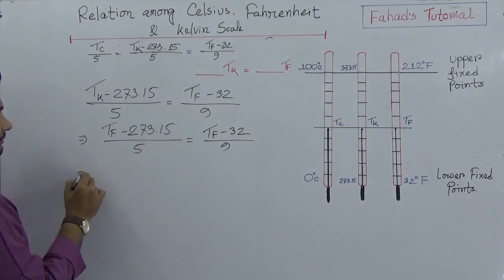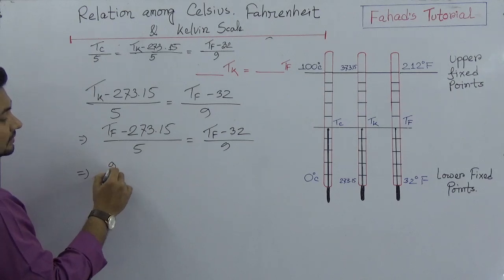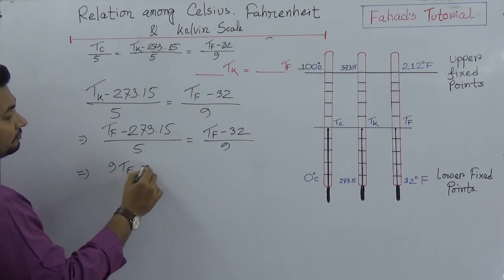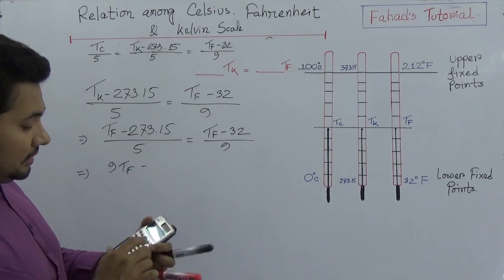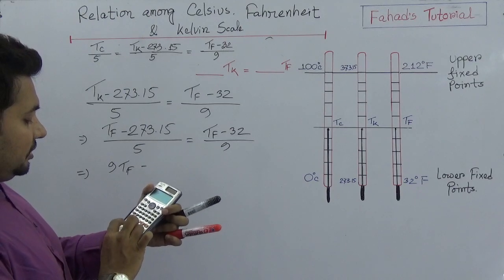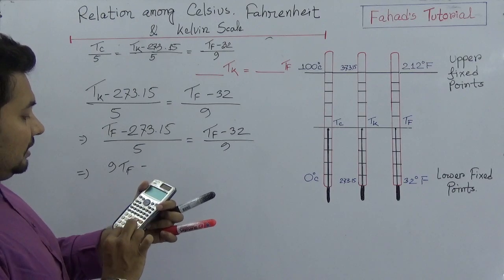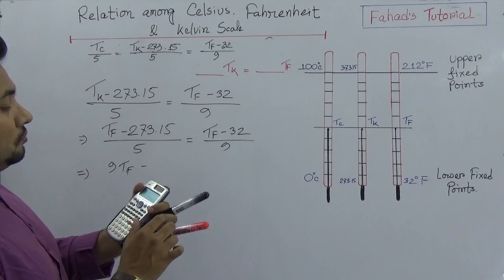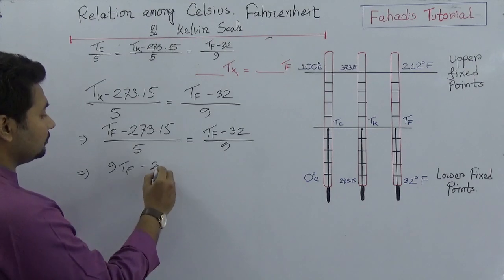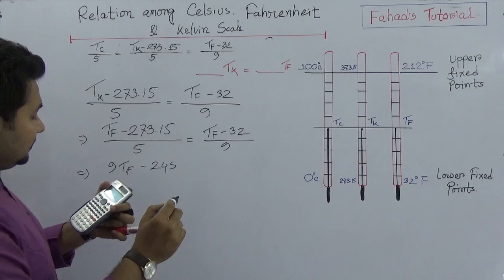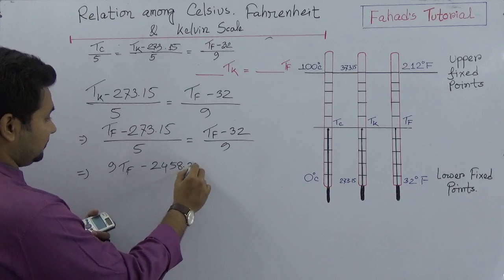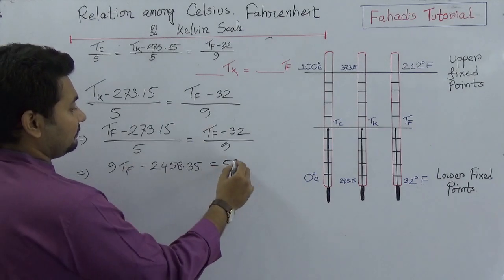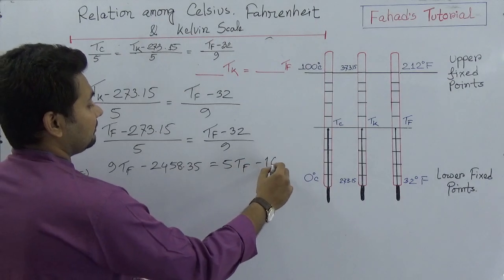Now I can multiply. So I can say this is 9Tf minus, I need a calculator, 273.15 times 9 is actually 2458.35, is equal to, as I just said, 5Tf minus 160.